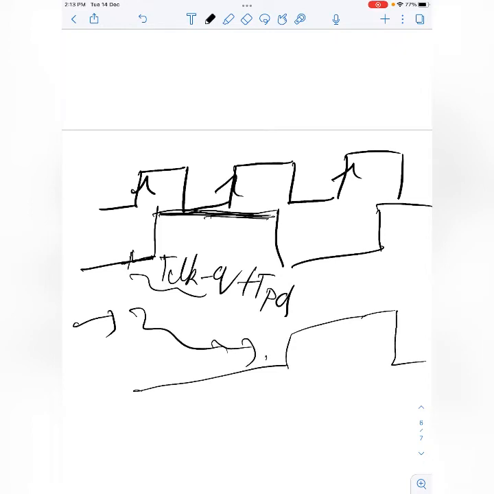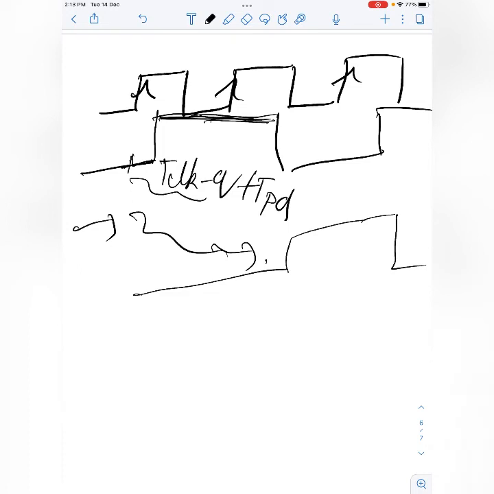Got it? Now if you see, the clock is the same for both flip-flop 1 and flip-flop 2, and this has a setup time requirement of TSU, right?